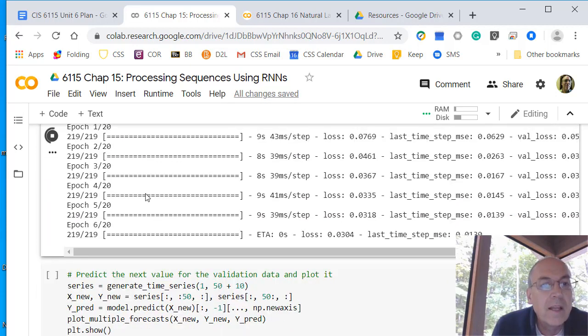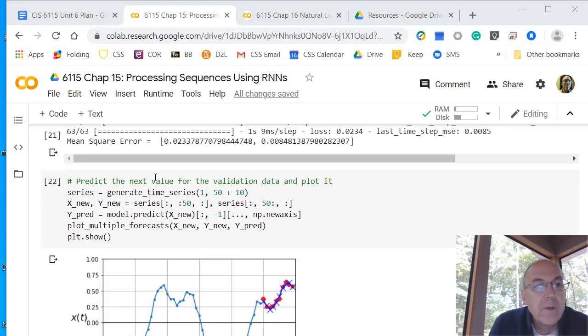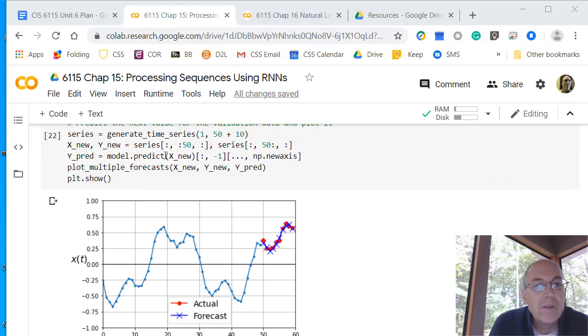And again, this is going to take a while to train. We can see here we have both our training data and our validation data, and again, we're getting some nice low errors. If we plot this out, if we have it generate a number of sequences ahead of time, we can see it does a pretty good job of forecasting what the next value is.